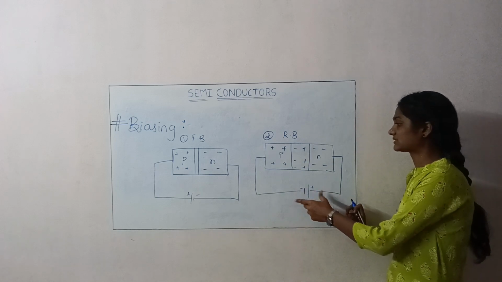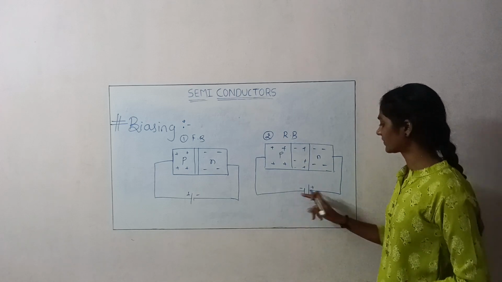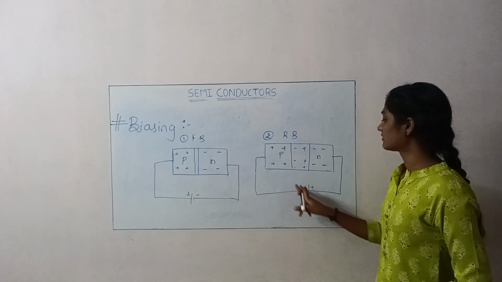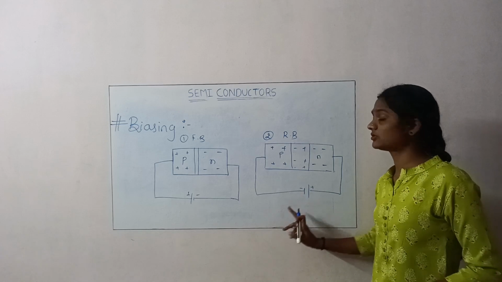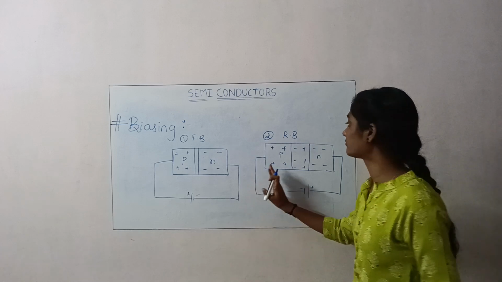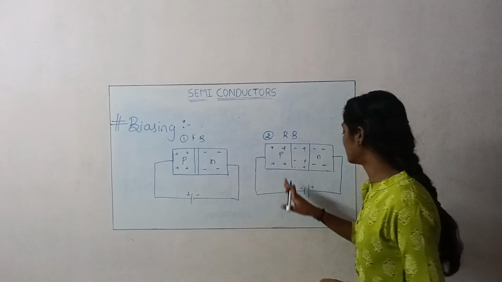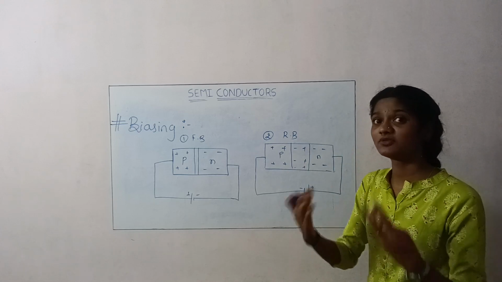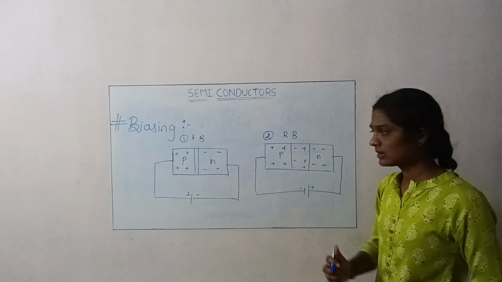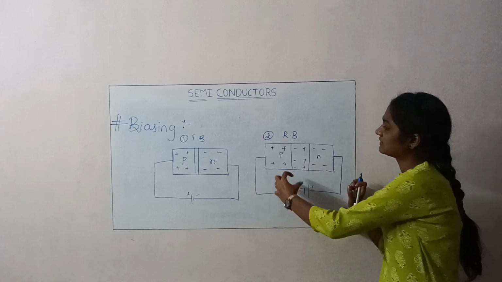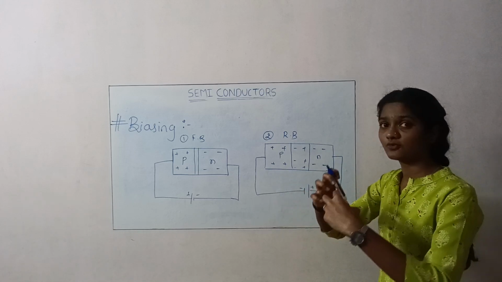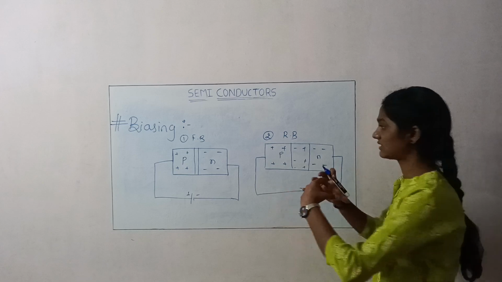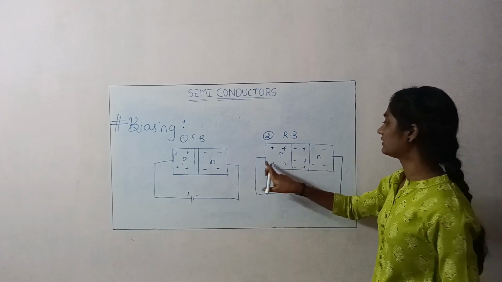That is what happens in forward bias. And in reverse bias, we apply the negative terminal of the battery to the positive side of the semiconductor and the positive terminal to the negative side. That is reverse voltage applied. In that case, the reverse force is pulling like this.